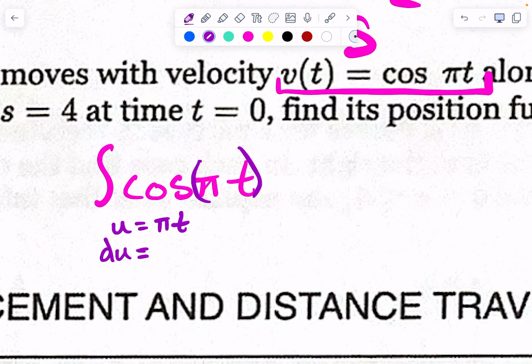It'd be like the derivative of 3.14 t. Oh, pi, just pi dt. Oh, and this should have a dt on the end of it here. To get rid of the pi, I'm going to divide by pi, so I'm going to say 1 over pi is there.